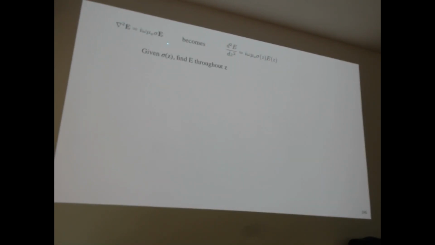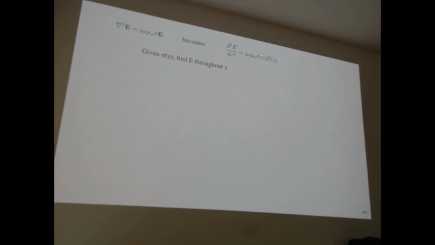So for a single frequency, our diffusion equation just becomes this, and for only vertical variations in the electric field, we end up with the second derivative with respect to z of E equal to iωμ times E of z times conductivity of z.